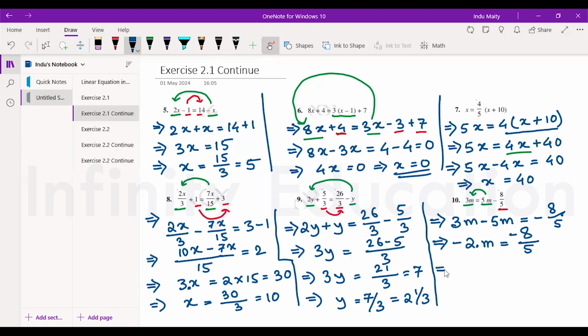So if we divide this by negative 2, it will be 8 by 5 into negative 2, so negative will get cancelled. 8 to 4. So we are having the value of m as 4 by 5. I hope this is clear. So now we are moving to the next one, exercise 2.2.